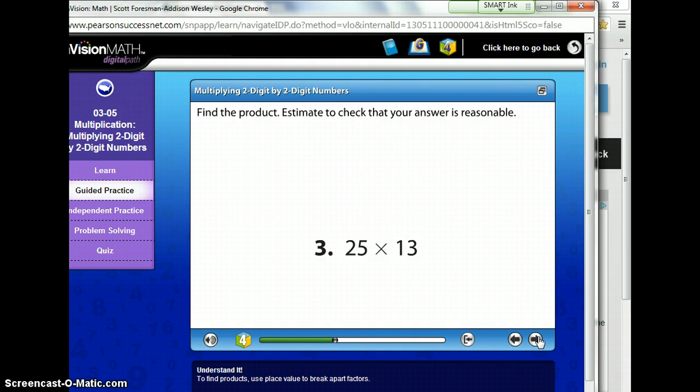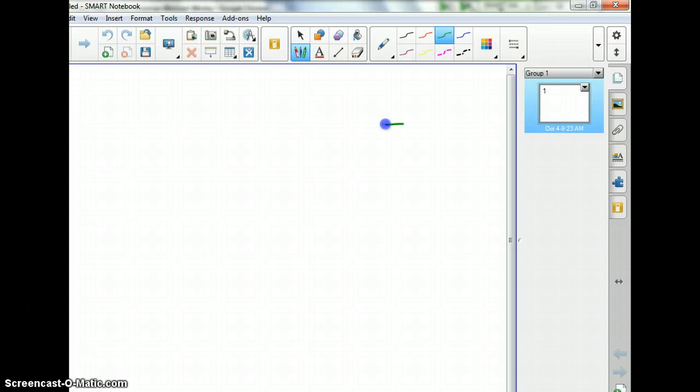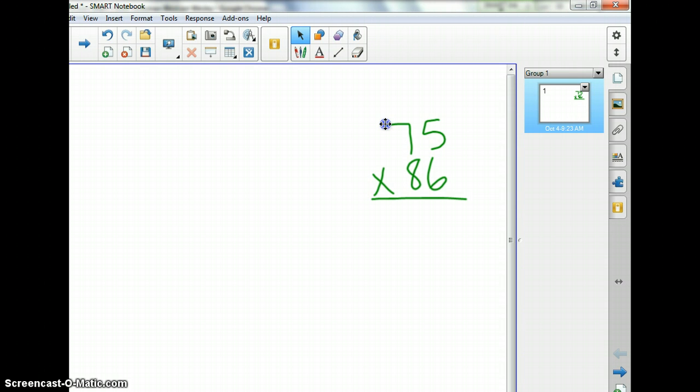I'm actually going to move away from those. I'm going to give you a couple board problems because I'm going to make them a little tougher. The ones on our website used a lot of 2s and 3s and 4s. I am going to go 75 times 86. Oh. Don't cry.